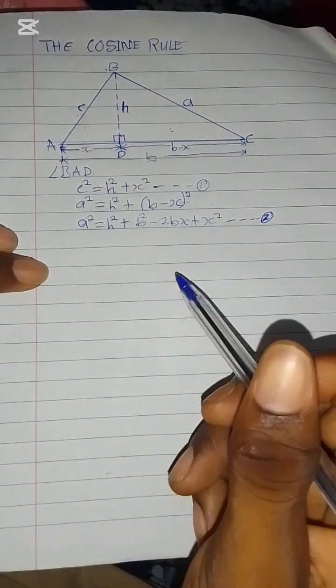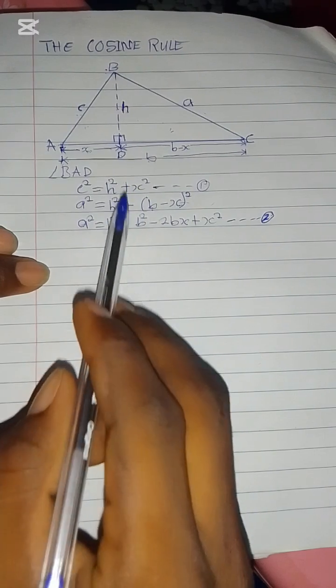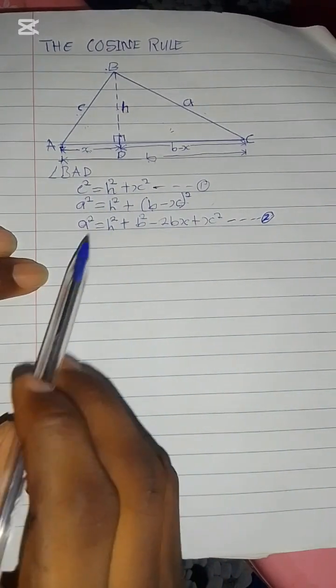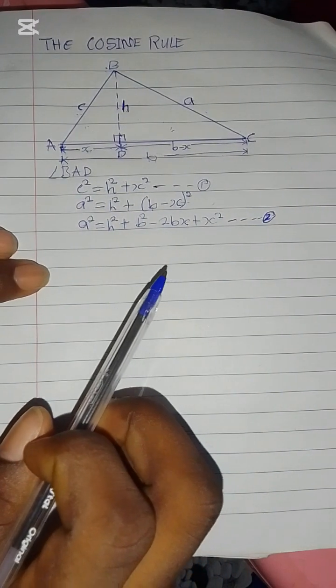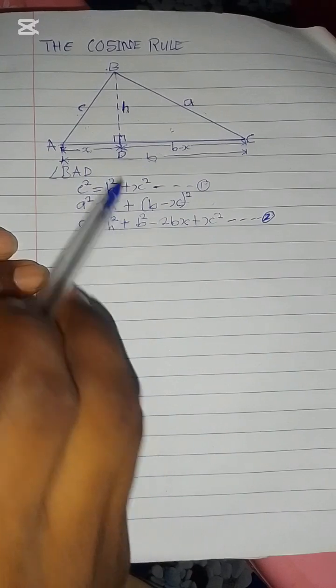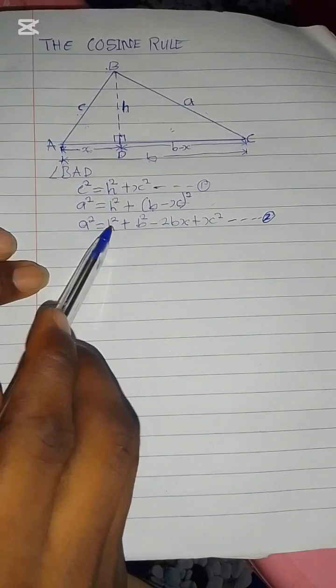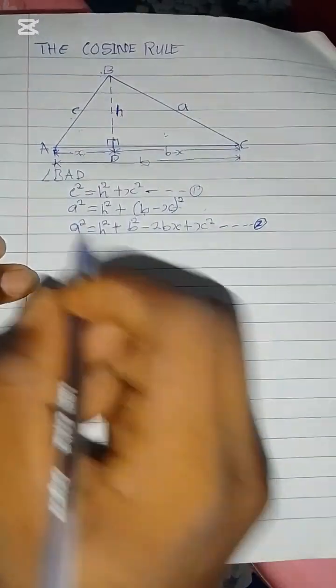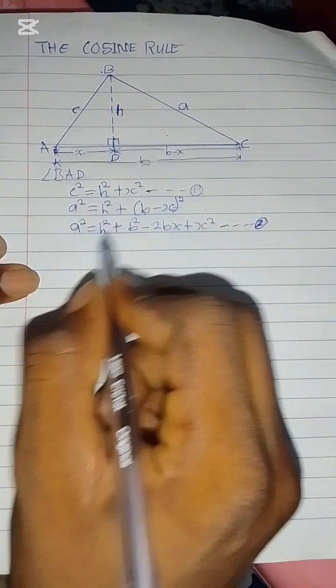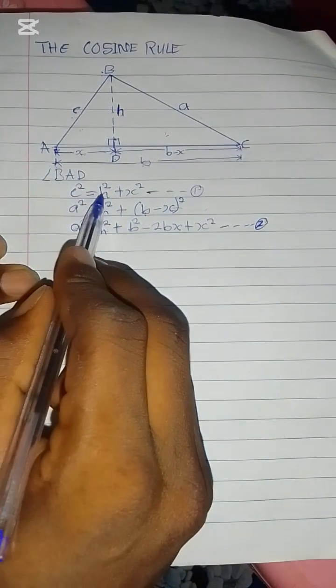We can see that in both equation 1 and 2, the common term there is h squared. To eliminate h squared, I have to make h squared the subject.